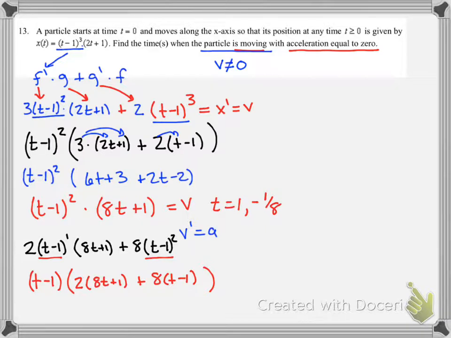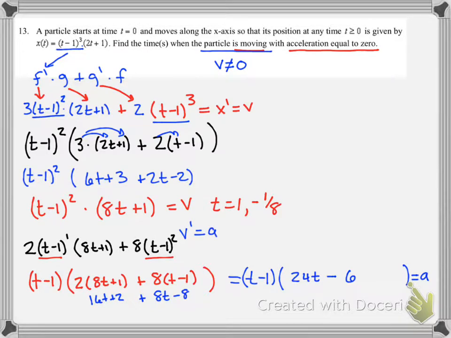As I simplify here, we're going to have (t minus 1) times (16t plus 2 plus 8t minus 8). That simplifies to 24t minus 6. This is equal to acceleration.